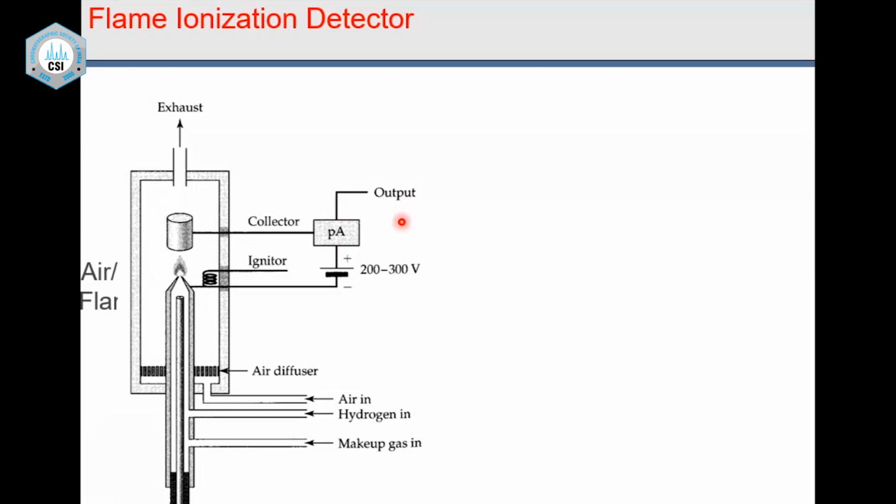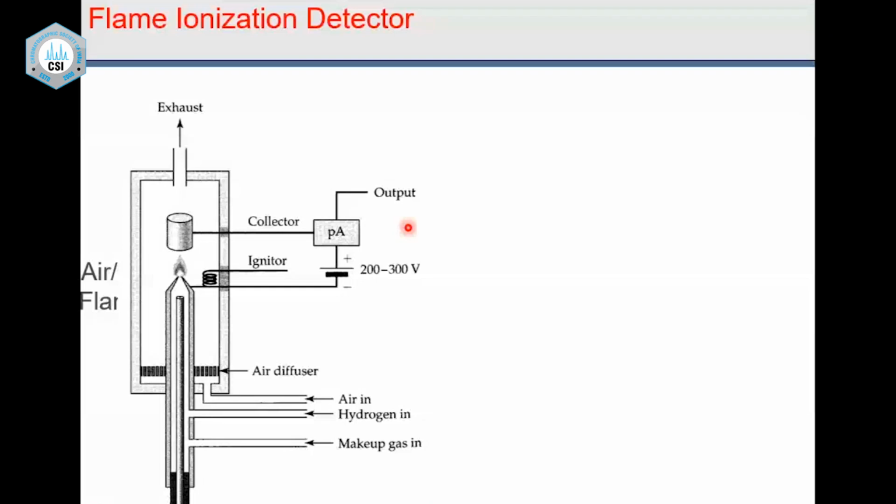So it is useful for all organic compounds, and that is why it is most commonly used, because most of the time we work with organic compounds, and FID becomes that way a very general detector. It is not a universal detector because it cannot be used for non-organic compounds. Even if the compound has carbon, it cannot be used for just CO2 or carbon monoxide.